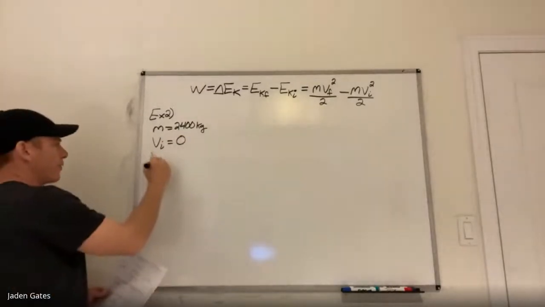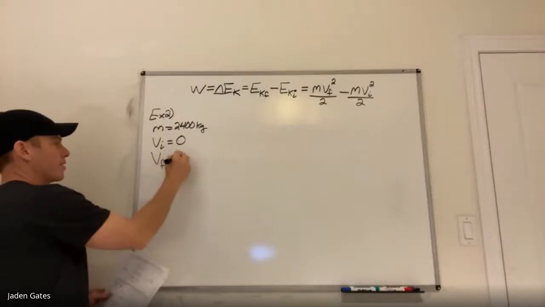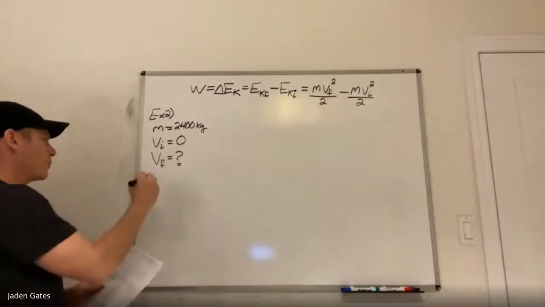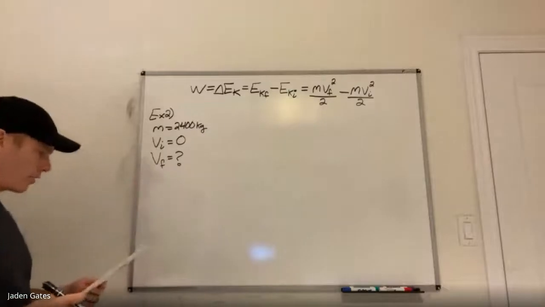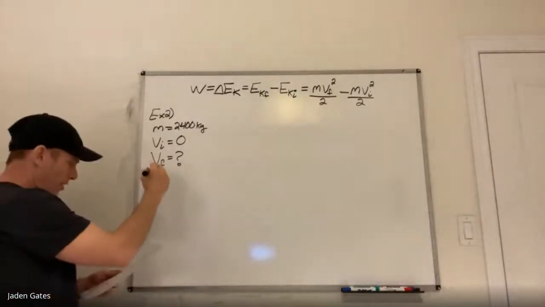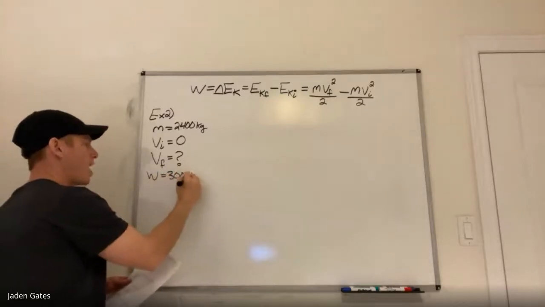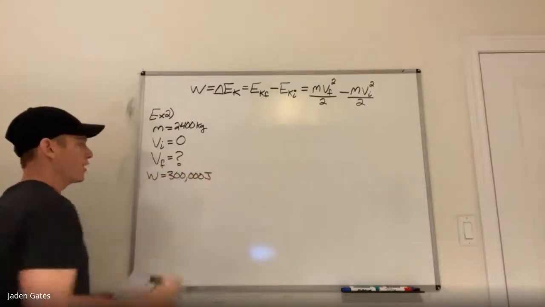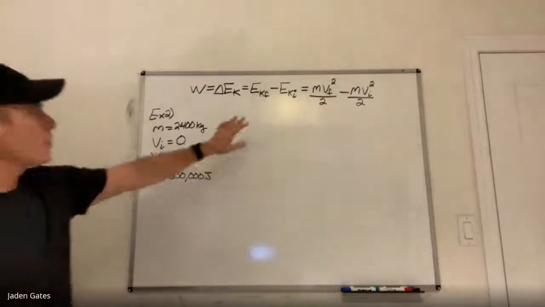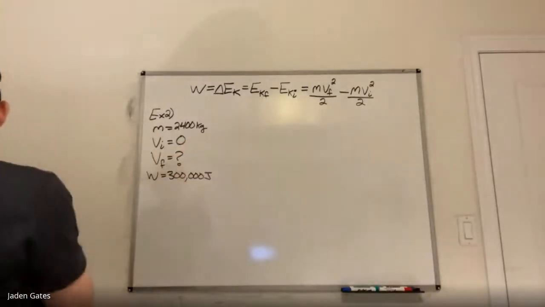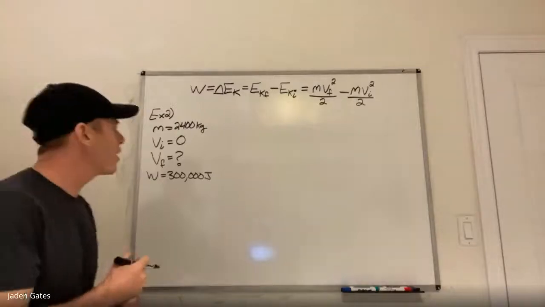Its VF, we don't know how fast it speeds up to, but we do know, again, the mass is 2,400 kilograms, and the work done on the car is lots, 300,000 joules of energy. Now, again, I'm going to use my formula up here, except it's going to simplify because this object's at rest.